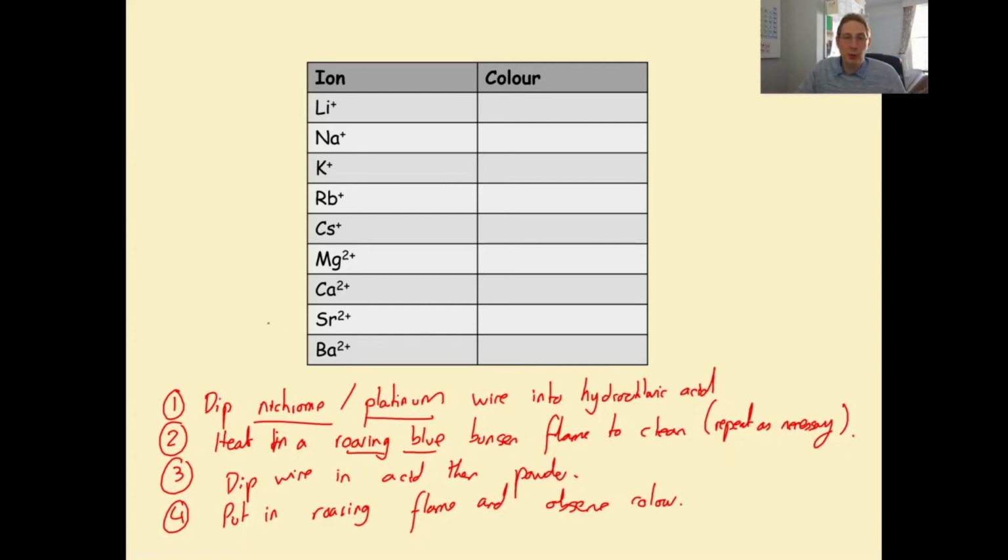There are often points available for specifying the type of wire, not an inoculating loop. Loads of biologists talk about inoculating loops. It's not. You need to talk about nichrome or platinum wire. You need to specify the roaring blue Bunsen flame, and you do need to mention cleaning it with acid. If you do that, you should get the 3 or 4 marks available for the method.